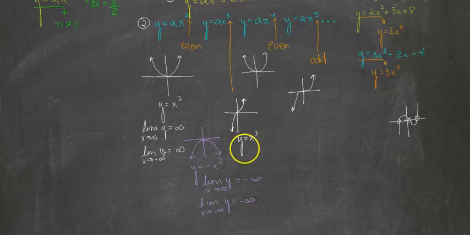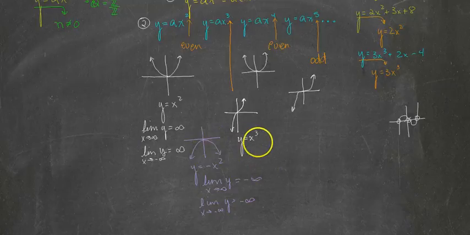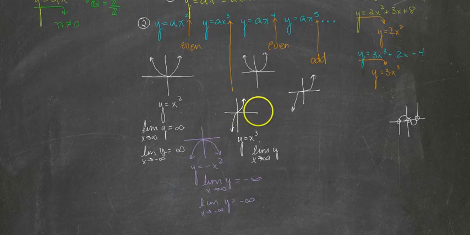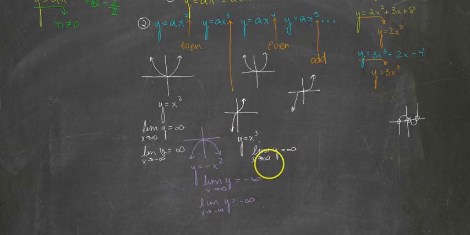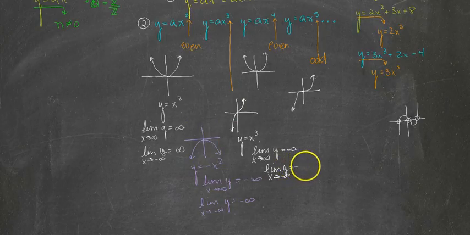So in this case, we're looking at the limit as x values approach positive infinity of y, the function approaches positive infinity, but with a cubic function, the limit as x values approach negative infinity, so as you go this direction with your x values, the whole function is going to approach negative infinity.